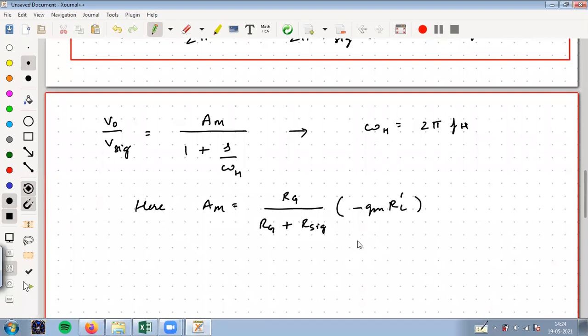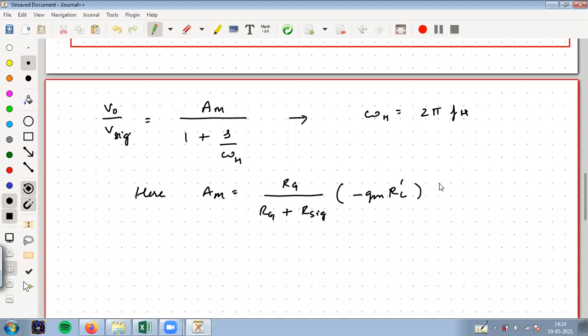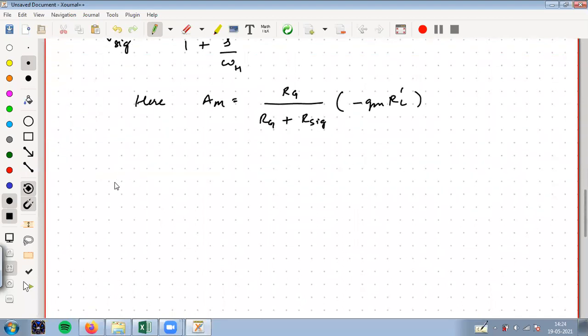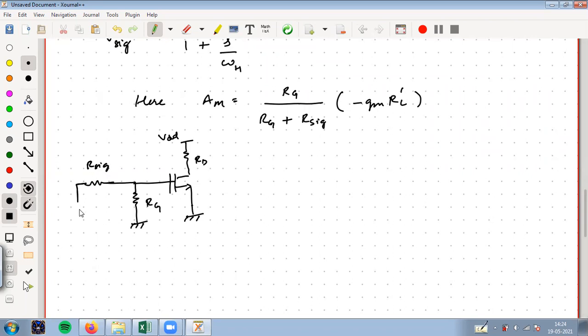Suppose you have a gate resistance like this, this is RG, then say this is your MOSFET, then this is RD, this is VDD, this is RS, R signal, and here this is V signal.